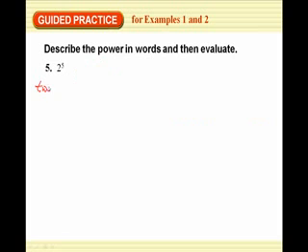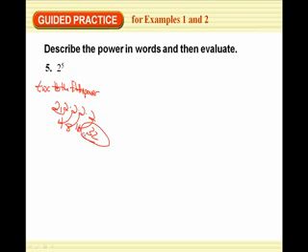This would have to be in words: 2 to the 5th power. And that's 2 times 2 times 2 times 2 times 2. 2 times 2 is 4, times 2 is 8, times 2 is 16, times 2 is 32. Let's see if I did that right. Sometimes I get carried away and get too many 2's in there.